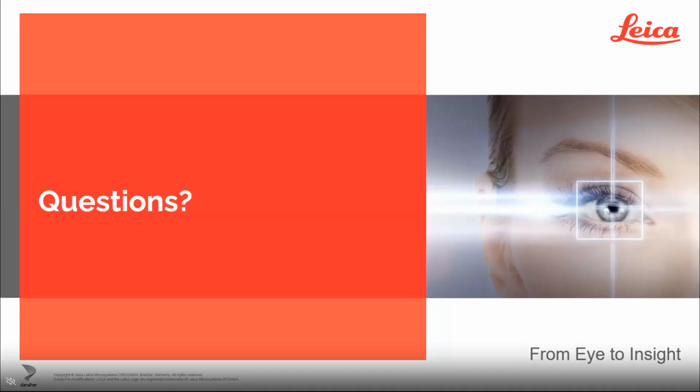Our next question says, the microscope in your system, what is the maximum magnification? I'll take that. As said, we have two stereo microscope options. One is the so-called M80 stereo microscope, which is the basic one. And then we have the bigger one, which is also used for the fluorescence part, which is called the M205.